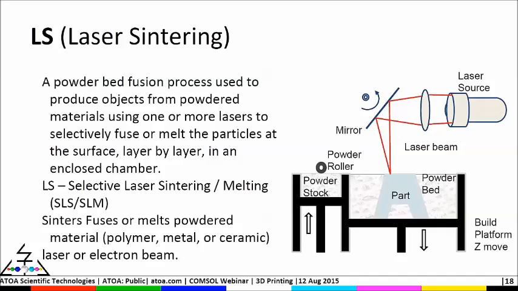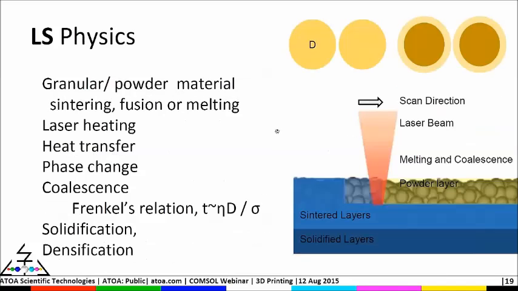As I mentioned earlier, usually polymer, metal, and ceramic powder materials are used in this process. Laser or electron beam is used for sintering. So laser sintering is about sintering, fusion, or melting of powder granular material.